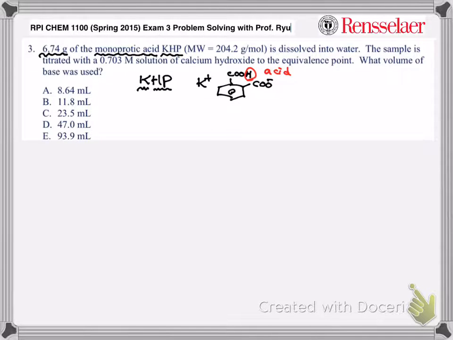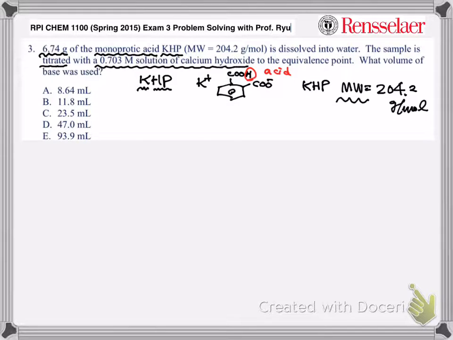At any rate, the KHP, once again, potassium hydrogen phthalate, has a molecular weight of 204.2 gram per mole. This is important information that I will retain because I know the mass was given. And the sample was titrated with this concentration of calcium hydroxide.